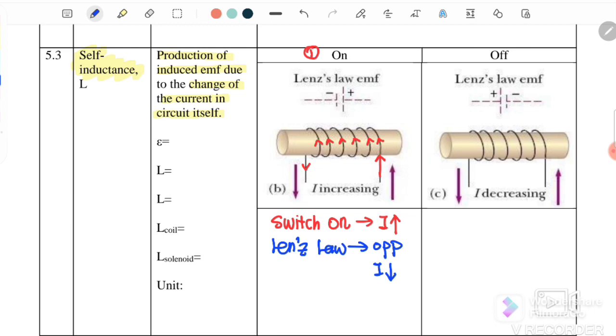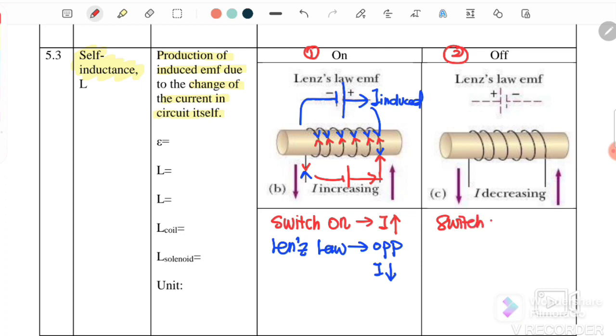The blue one is trying to reduce the current that was increasing just now, meaning the induced current will flow in clockwise direction. Just now the current when increasing flowed in anti-clockwise direction, so already opposed. Case 2 is when we switch off.